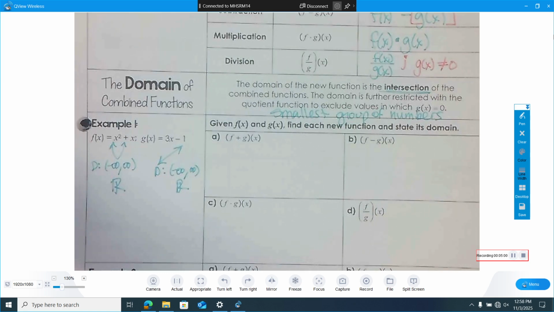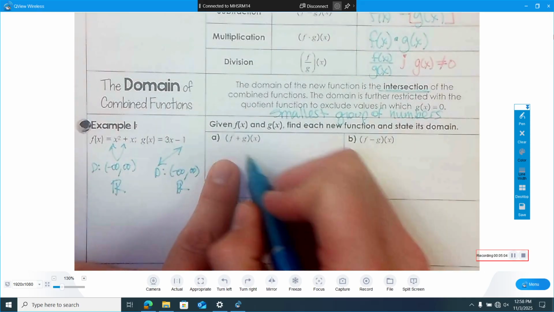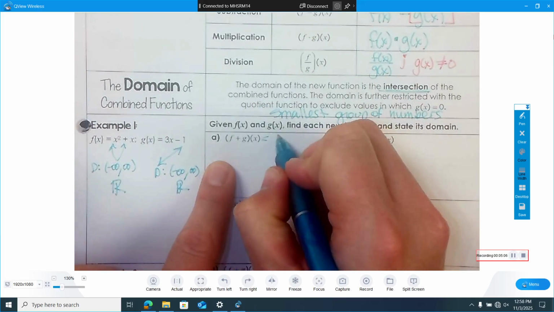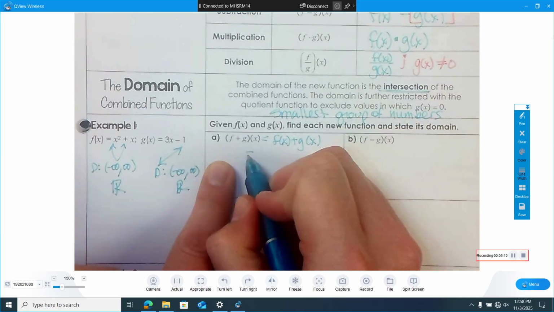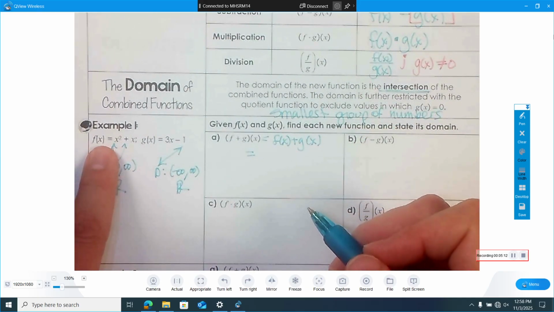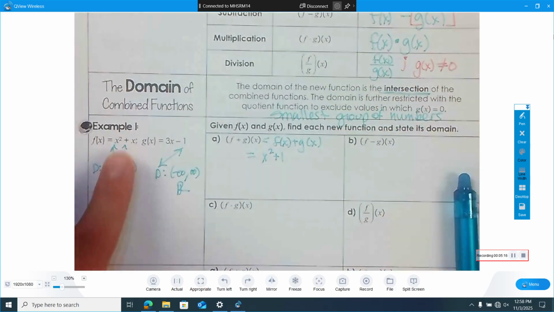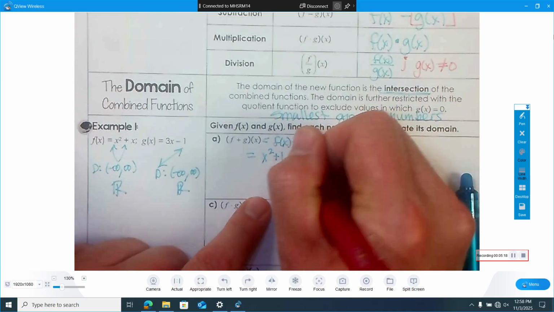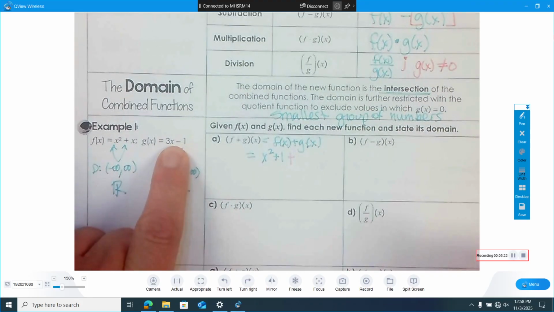Okay. So if I want to do f plus g, that really just means f of x plus g of x. And all we're doing is saying, hey, what's f of x? It's x squared plus x. And we want to add to it g of x. So what's g of x? Yeah, it's 3x minus 1.